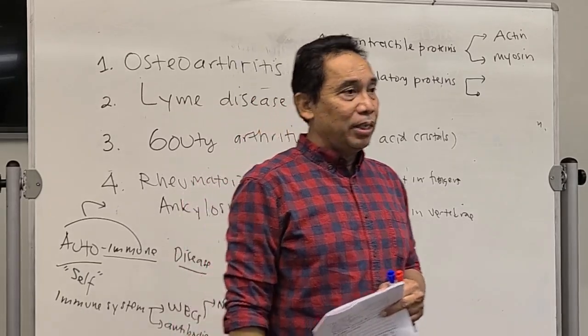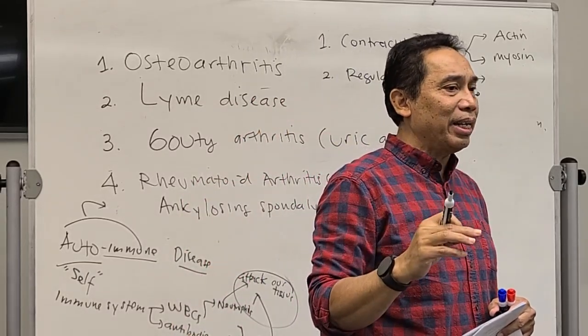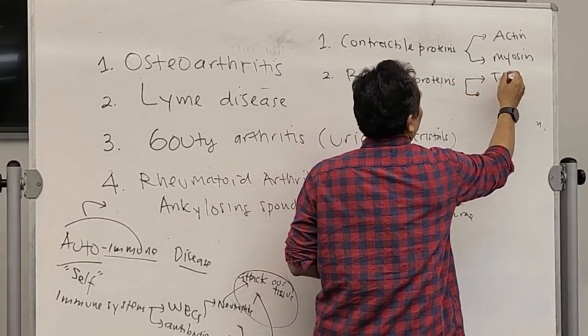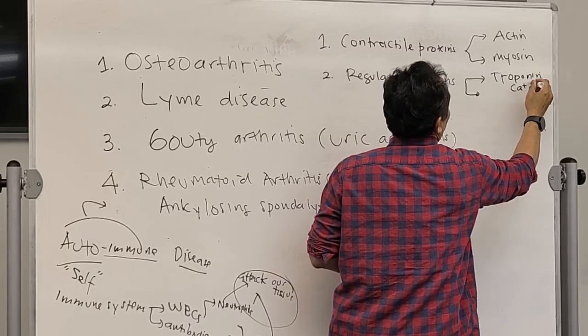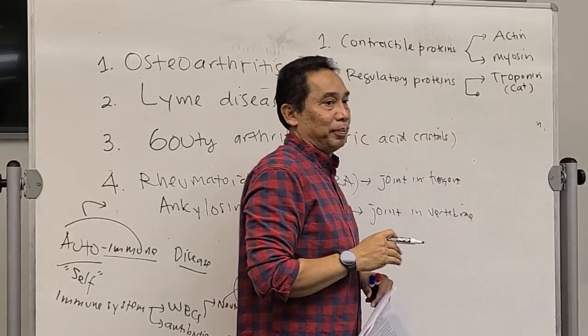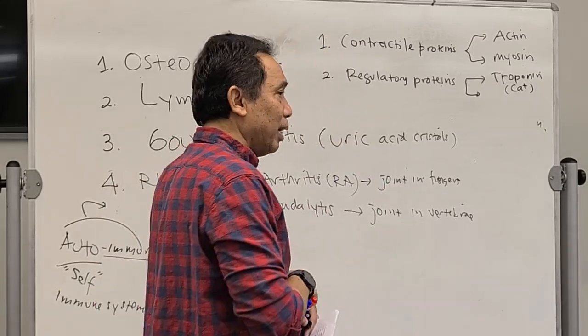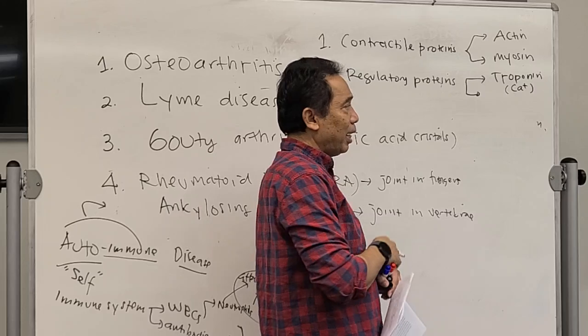First is the one that receives calcium, or has the calcium binding site. What is the name? Troponin. It has the calcium binding site. Okay. What is the second one? The one that actually covers the myosin binding site.